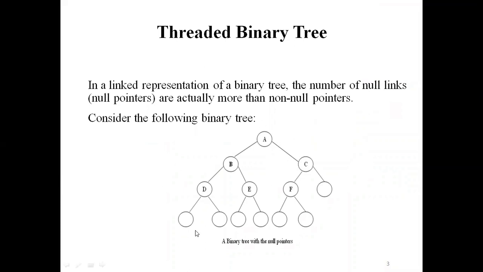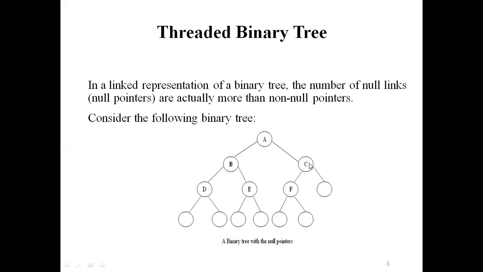If you consider this given tree, again it is a binary tree. Here we are representing it in terms of a simple node structure. Here the left field will hold the address of node D. For D there is no further node, so D is pointing to null. Again for node E, left and right are pointing to null. For node F also, left and right are pointing to null.